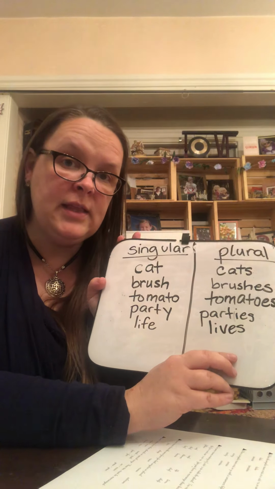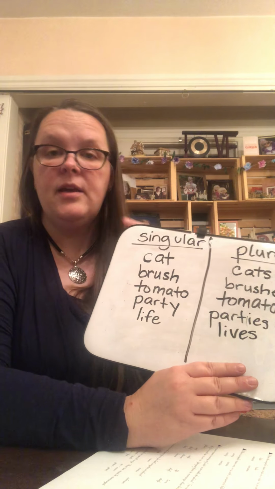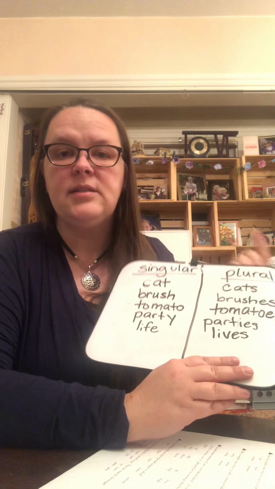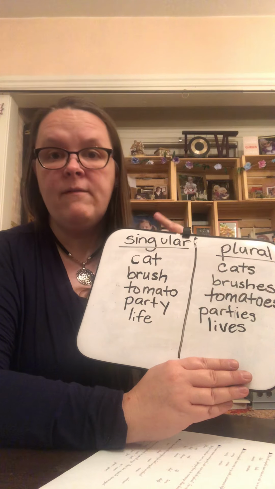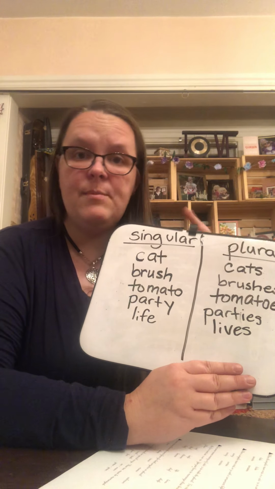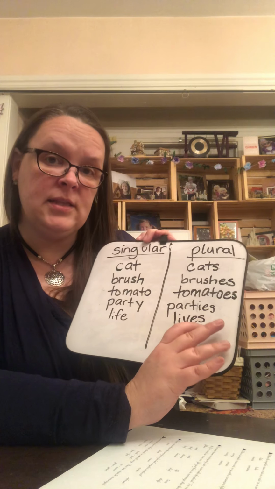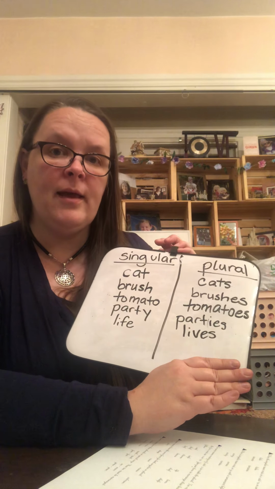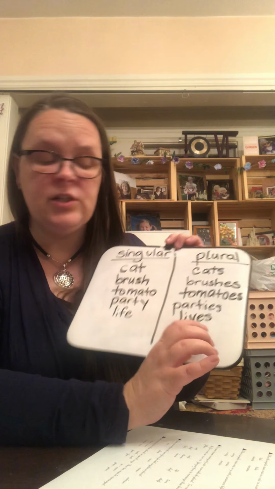F and V are really closely related in the way that your mouth is shaped. Actually, you can try this. Say F, and then just push some extra air through it. It's the same mouth shape. But when you're adding an S onto the end, it's really hard to say lifes. It's much easier, and your mouth naturally just goes to lives.